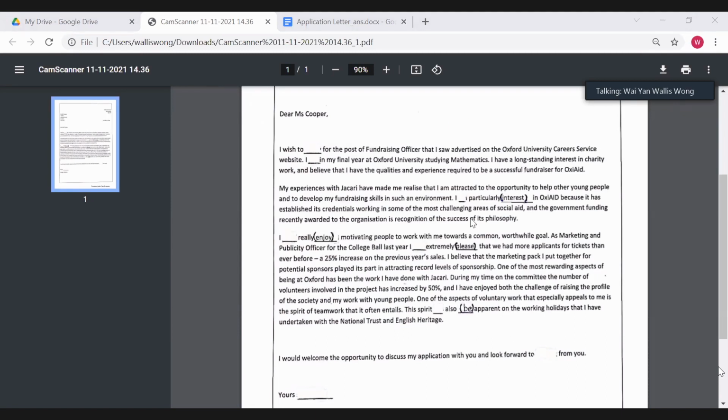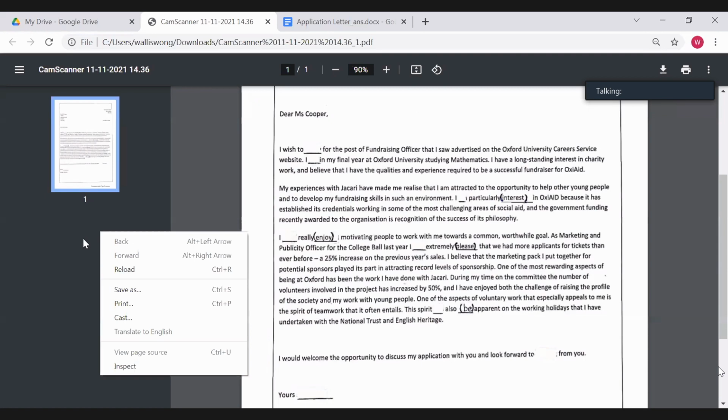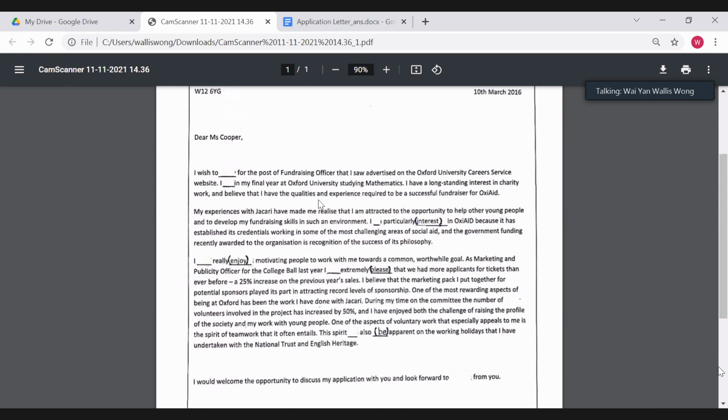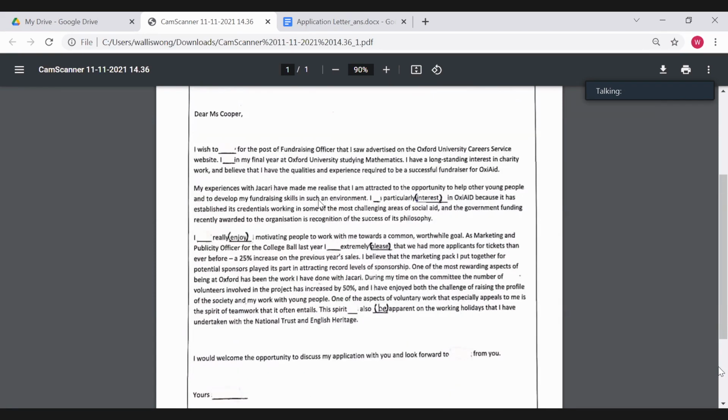The underlined words are the verbs provided to you, but you need to change the form of them. Just do it quickly. There's another blank here.